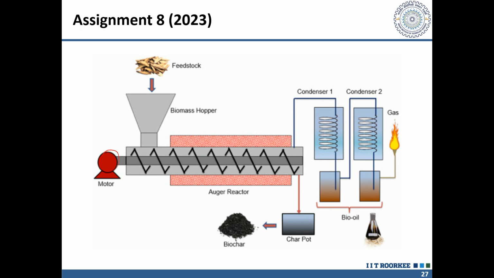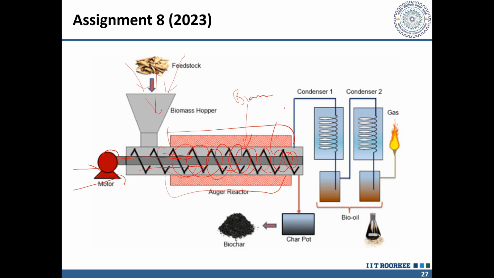There is a motor here, and the biomass is added to the hopper from the top. The motor is used to drive the biomass in the forward direction. During this method, the biomass moves along the screw, and during this rotation, heat is also provided from the outside, so the biomass is heated in the auger reactor.